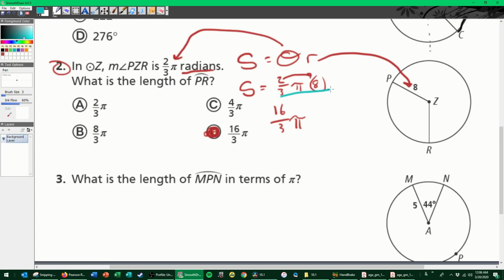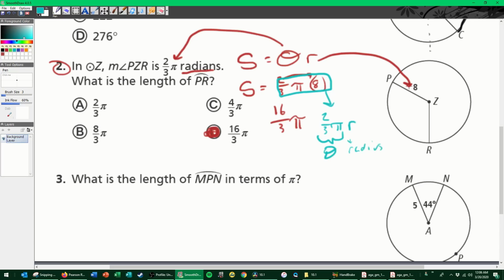So I'm going to look at this step. I'm going to pick it up in blue here. 2/3 pi r times 8. I don't need the r there, do I? This is my theta, and this is my radius.